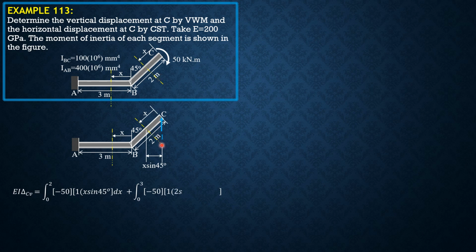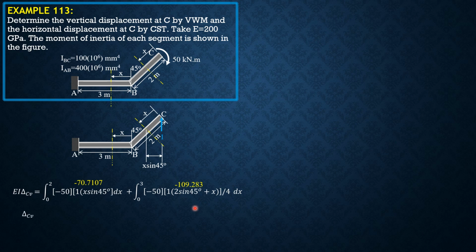Then due to the virtual load, 1 times 2 sine 45, plus x, then the whole integrand divided by 4, because the moment of inertia of AB is 4 times the moment of inertia of BC. Integrating using your calculator, this is negative 70.7107 and this one is negative 109.283.